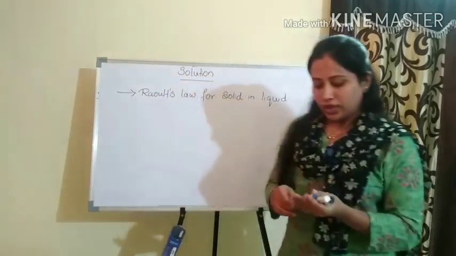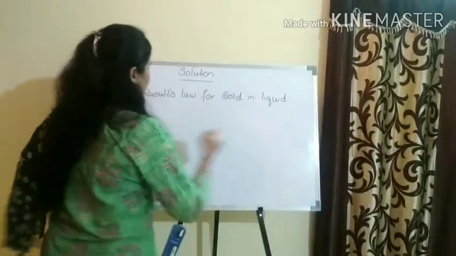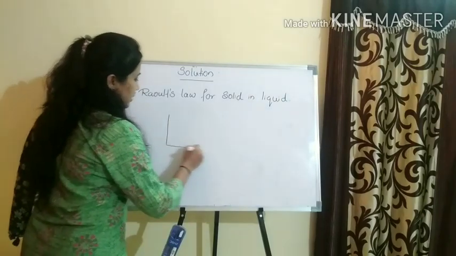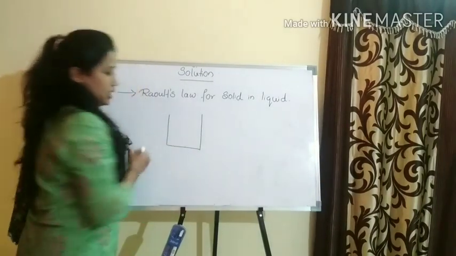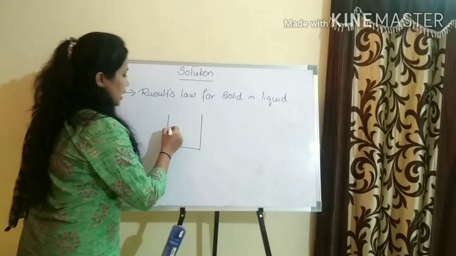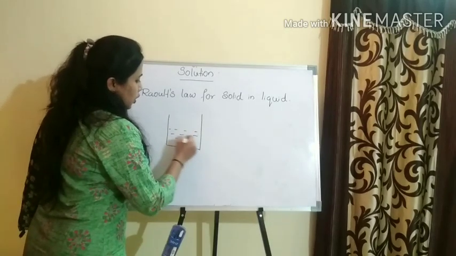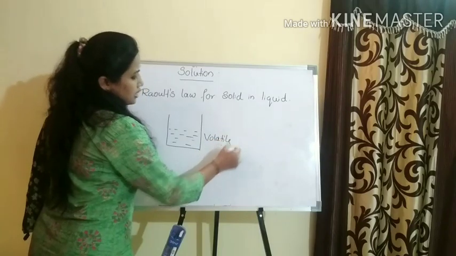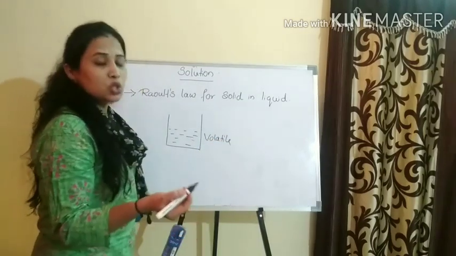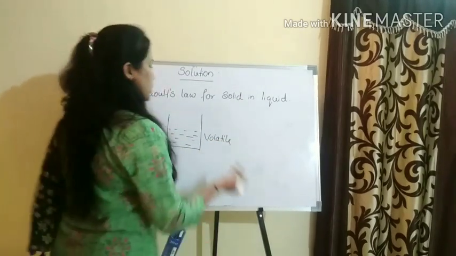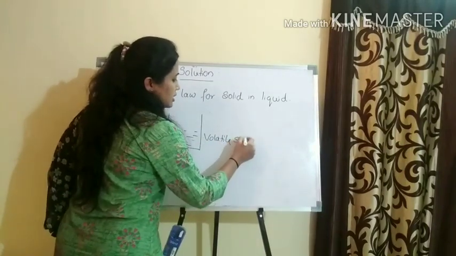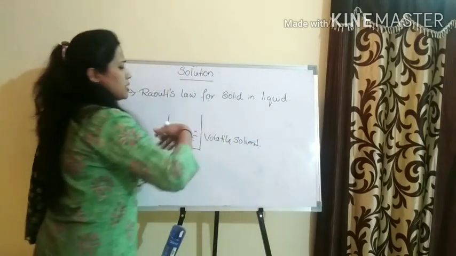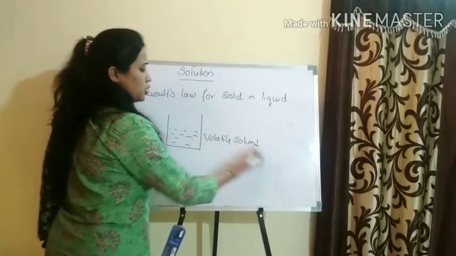Now take a container, the same thing I explained in the last class. The solvent I am taking is volatile in nature, like the organic solvents, for example chloroform or benzene.